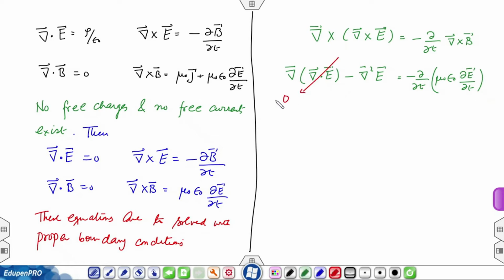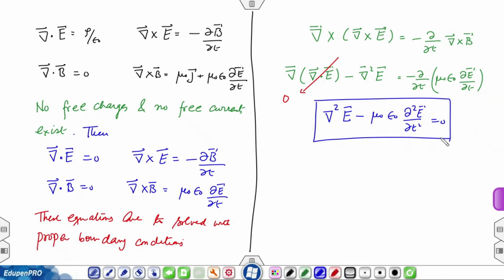Divergence of E is 0, and therefore, I get the equation that Laplacian of E minus mu 0 epsilon 0 d 2 E by dt square is equal to 0. It is like the wave equation for E. So, E propagates like a wave.